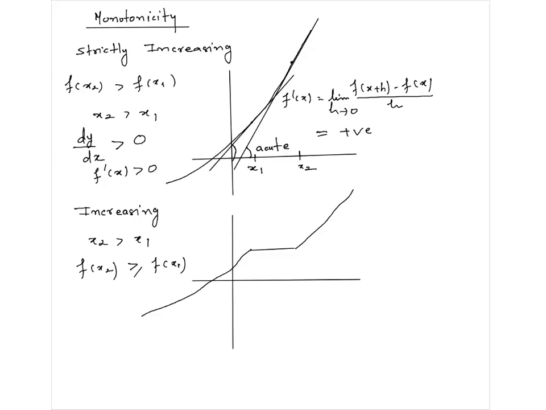But for those points where it is not flat, f dash x will be greater than 0. So the end result is that f dash x would be either greater than or equal to 0 for just increasing.